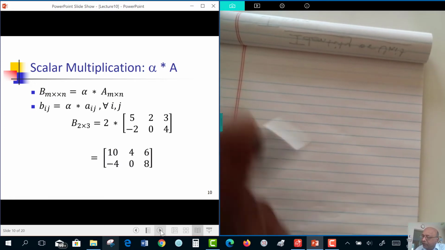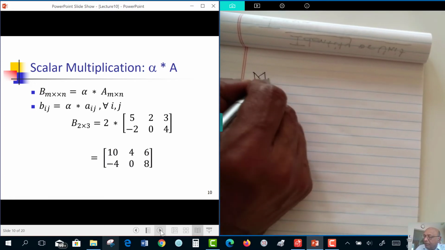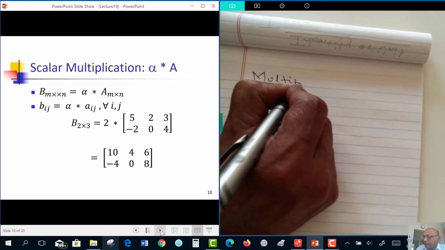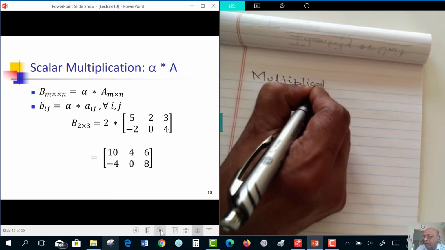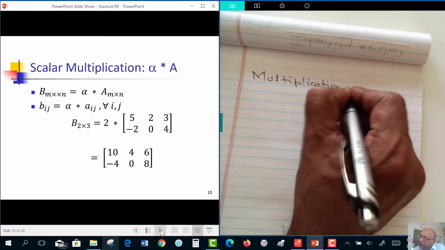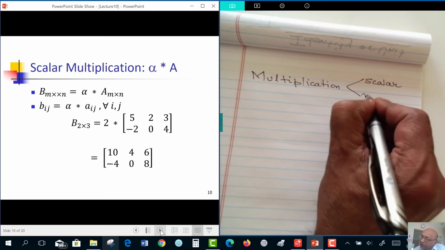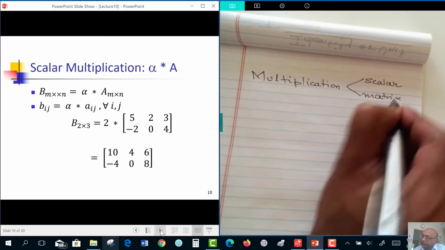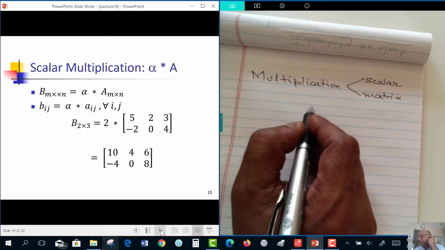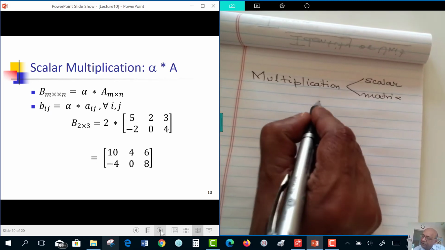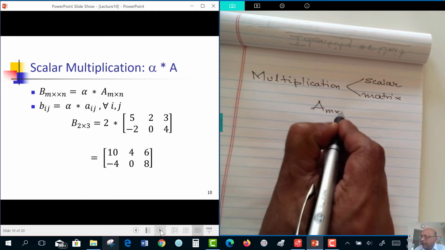Now let's look at multiplication. There are two kinds of multiplication. One is called scalar multiplication. The other is matrix multiplication. So what's scalar multiplication? Suppose we have a matrix A, m by n.